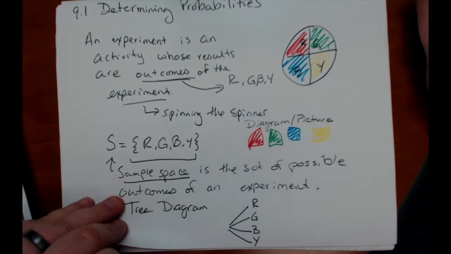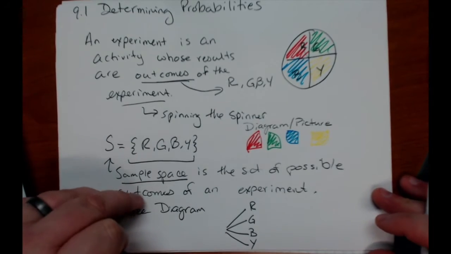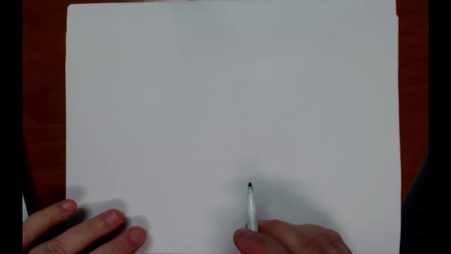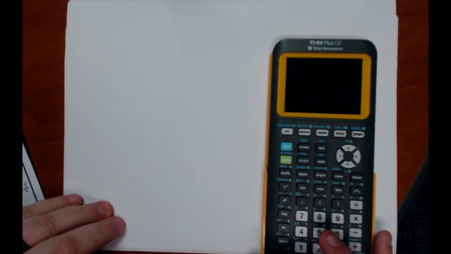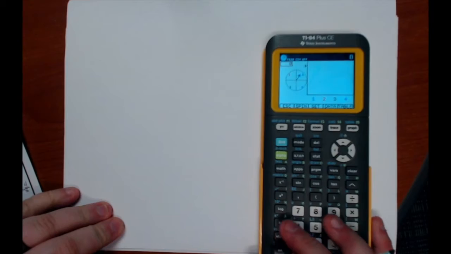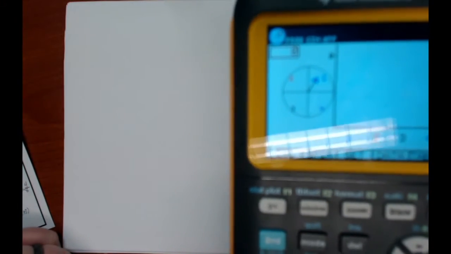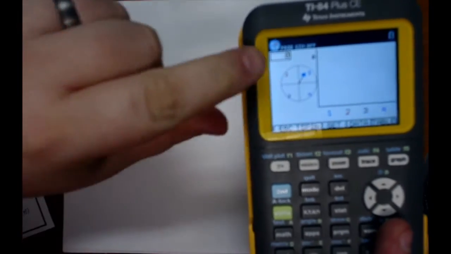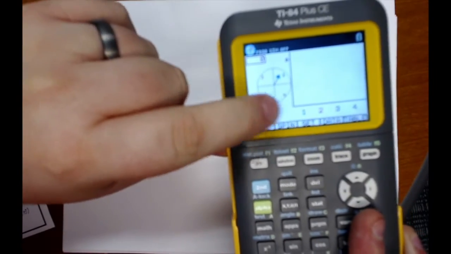And so let's talk a little bit more about the outcome, what we would expect to happen. So if we were to spin a spinner, I'm going to use my graphing calculator for this. You can see there's a spinner, and if I lift it up, you might be able to see a little bit better. But up here is a 1, a 2, a 3, and a 4.